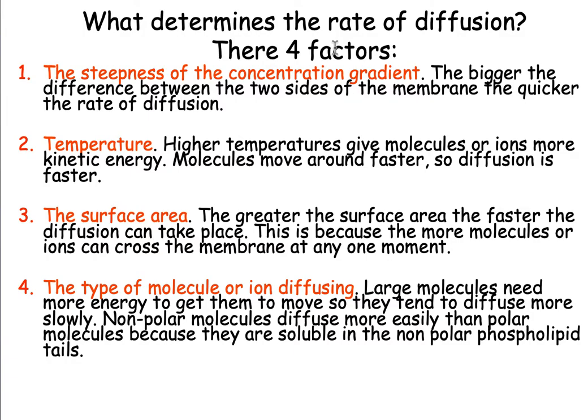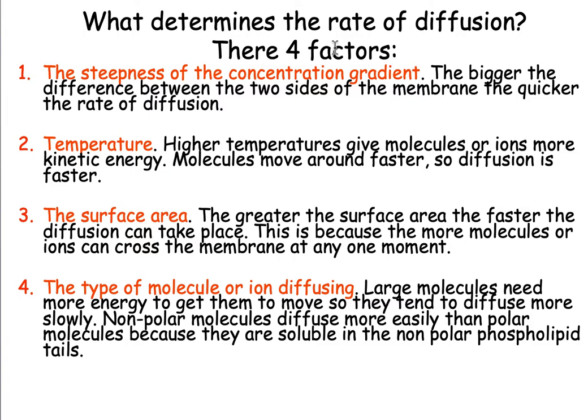A higher temperature gives the molecules more kinetic energy, and that means the molecules move around faster, so diffusion is faster. Diffusion also depends on the surface area. The larger the surface area, for example, the bigger the cell membrane, the faster the diffusion rate would be. This is because more molecules or ions can cross the membrane at any one moment.